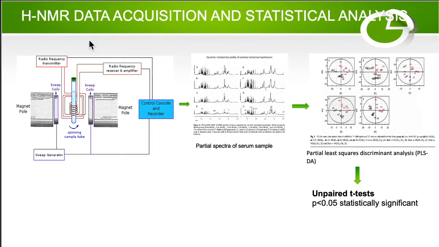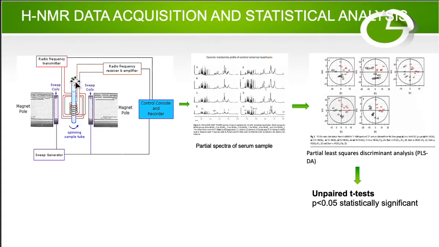For the data acquisition and statistical analysis, the sample was loaded and dissolved in a solvent, and then placed in a magnetic field where the tube will spin, and a radio frequency generator then irradiates the sample with short pulses of radiation, causing resonance.